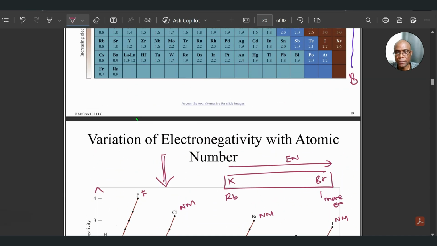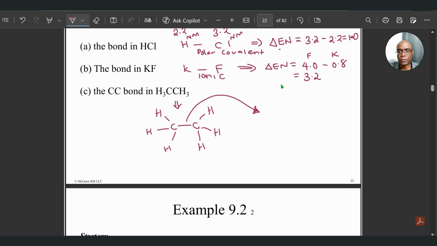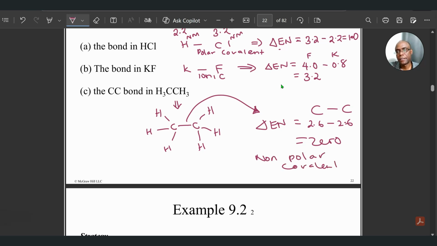If you look at the Pauling scale, carbon has a value of 2.6. So delta EN of carbon and carbon will be 2.6 minus 2.6. That's going to be 0. I expect that to be non-polar, and it's going to be covalent. So that's how you do such questions.